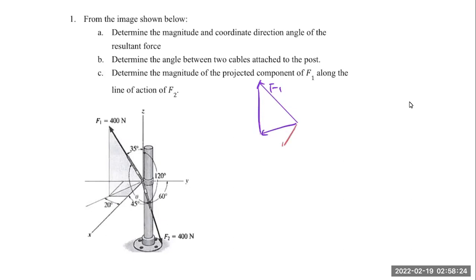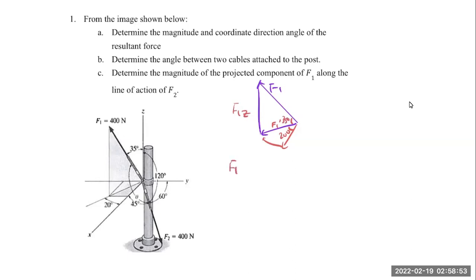This is F1, this is F1Z, this is F1 prime, and this is the projected plane, which is 20 degrees here and 35 degrees here.